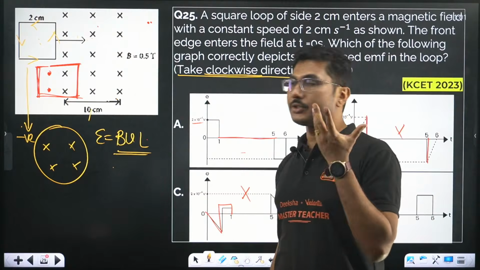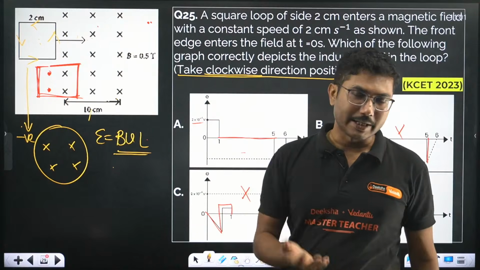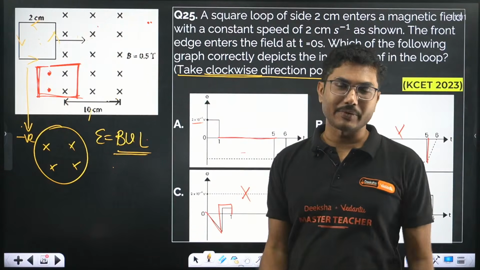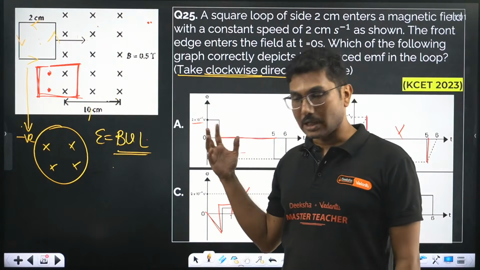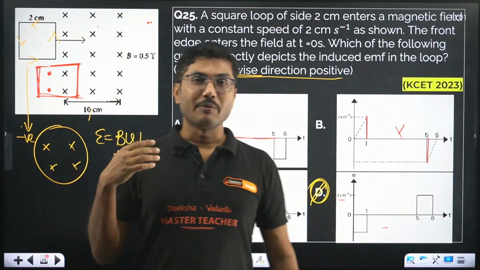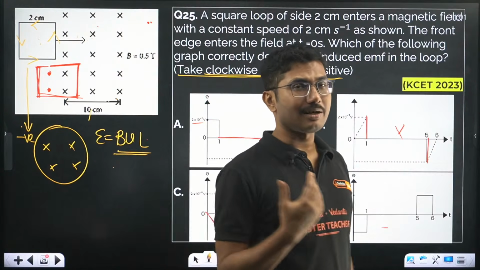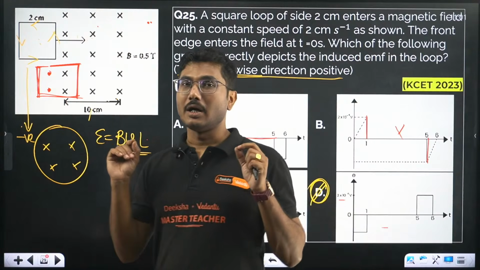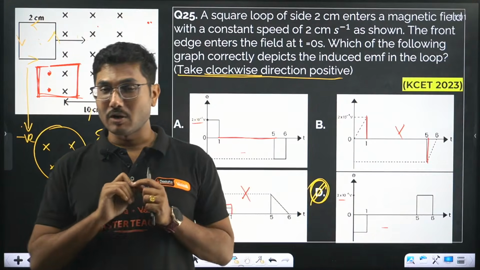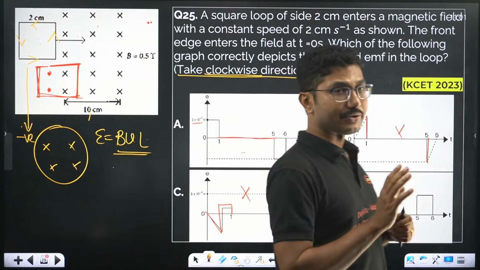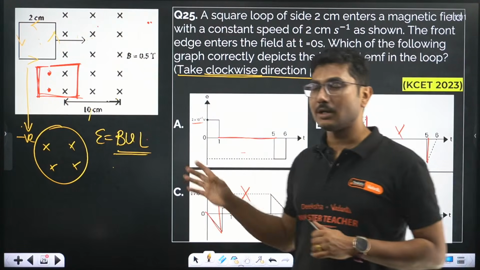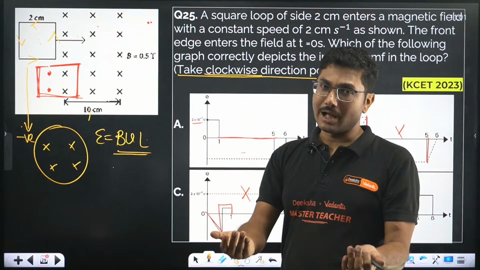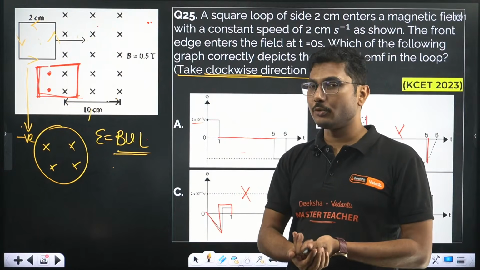For new questions, you can use any textbook. If you do not have a textbook, you can use our ABHYAS test series, where you are going to get unique KCET level questions. All the questions are very KCET level, and we are not going to give you any out of syllabus questions. So do check ABHYAS, or if you have a book, I am not forcing you to purchase ABHYAS.